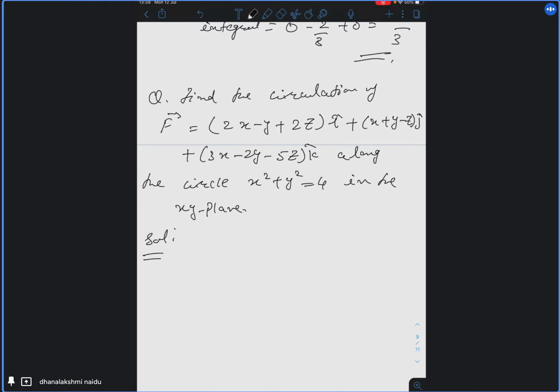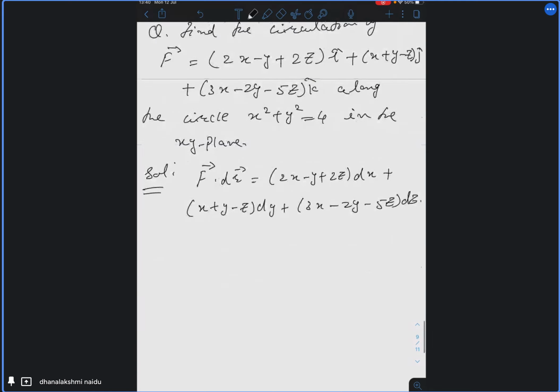What we will require for circulation is also the line integral of F bar dot dr bar only. So F bar dot dr bar will be equal to (2x minus y plus 2z) dx plus (x plus y minus z) dy plus (3x minus 2y minus 5z) dz.